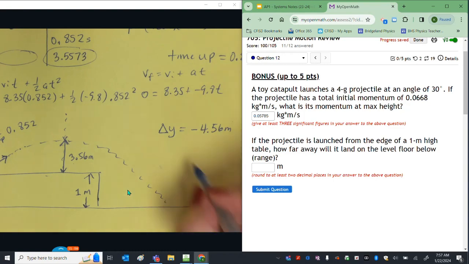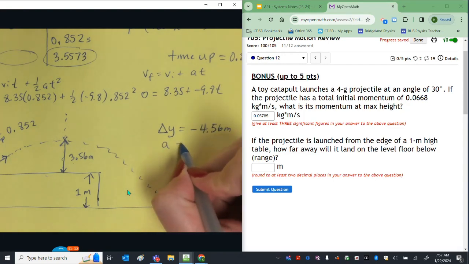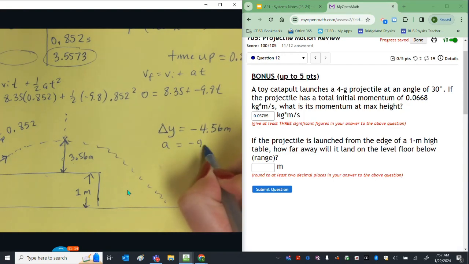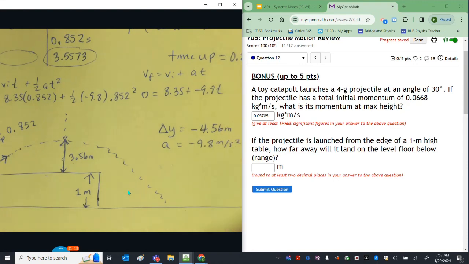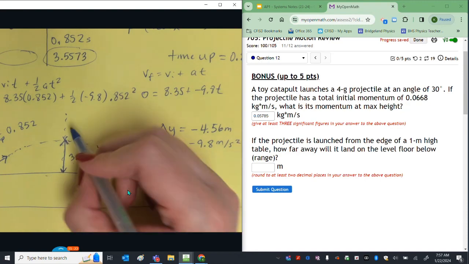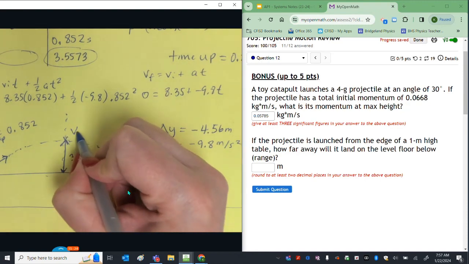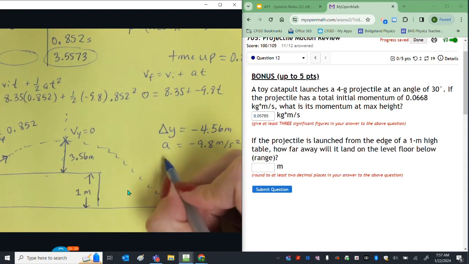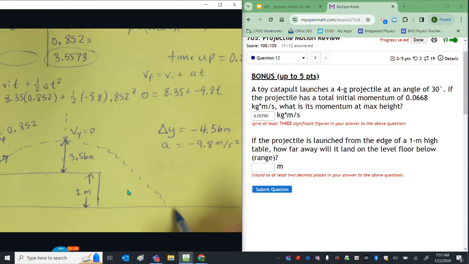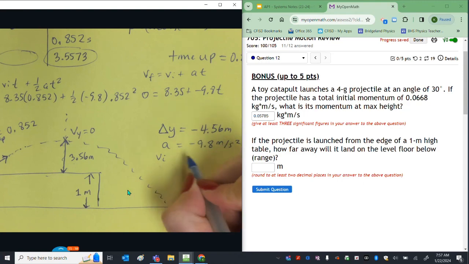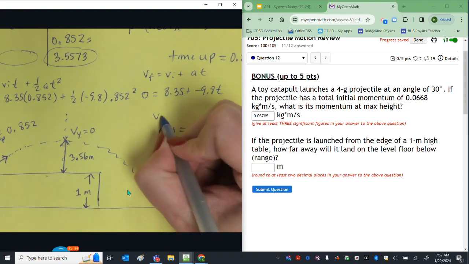Again, my acceleration is still gravity. I'm looking at everything right now in just the vertical direction. My vertical velocity at this point is 0. So that is going to become, for the second half of my motion, my initial velocity in the vertical direction. This is all vertical data right now.